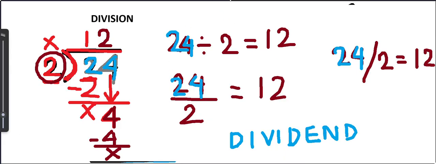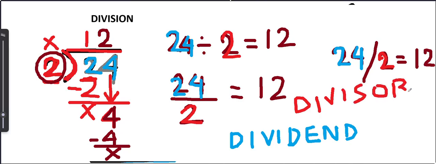Okay, now let's go to the red one. So this is the red 2, this is the red 2, and the red 2 over here, which is known as divisor.